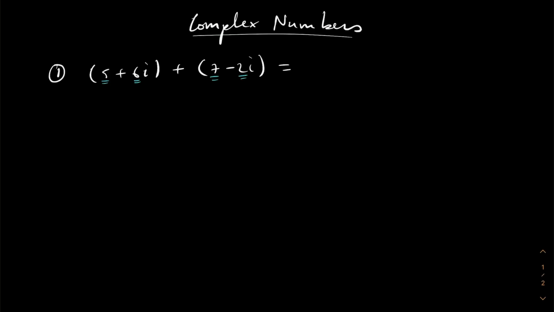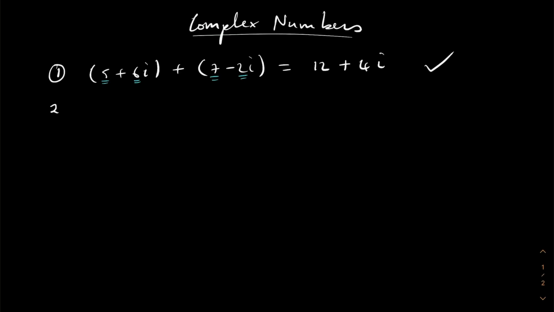And so to add them together, all you have to do here is add the real parts together and then add the imaginary parts together. And so you're going to have here 5 plus 7, that's going to give us 12, and then 6 minus 2, that's going to give us 4. And so you're going to have 12 plus 4i, and that will be it for the addition of complex numbers.